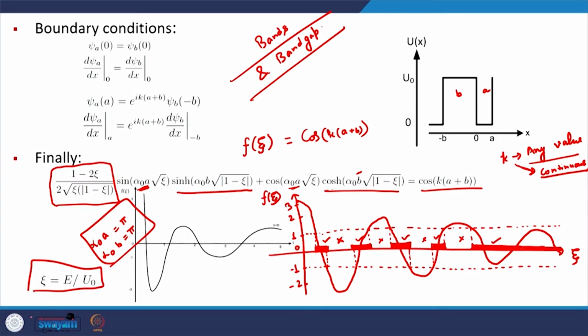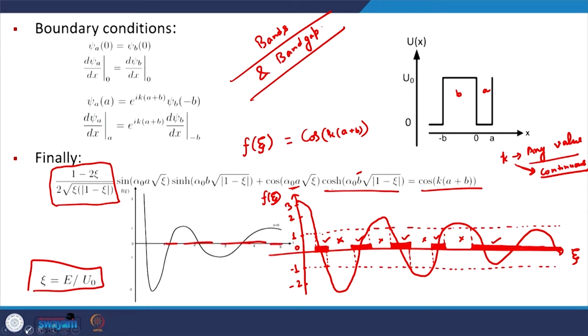This is a slightly better plot of f xi as a function of xi, and as you can see here, when we plot f xi as a function of xi, this function takes hyperbolic values, and there are certain energy values which are allowed for the electron, as is also clear in this plot.